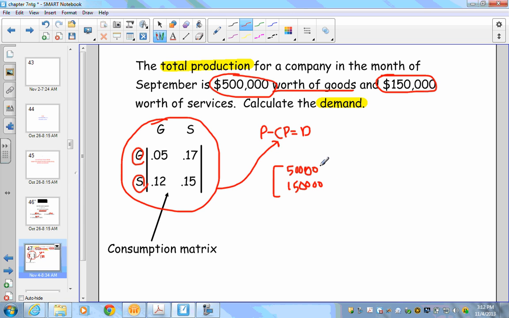And that's going to be minus my consumption matrix, which I'll just type in number by number, 0.17 and then 0.15. Then I'm going to multiply that by my production again. Remember, production goes in twice here.